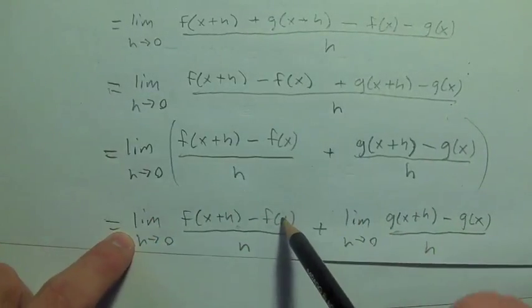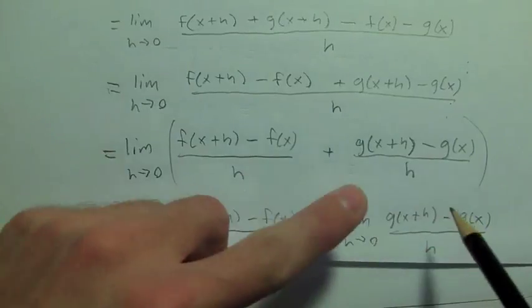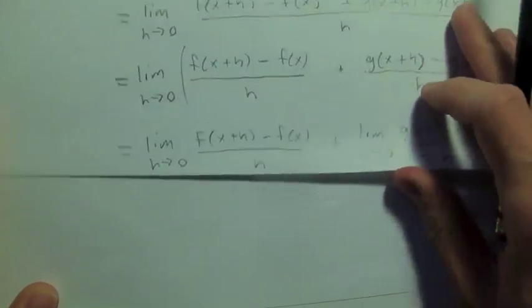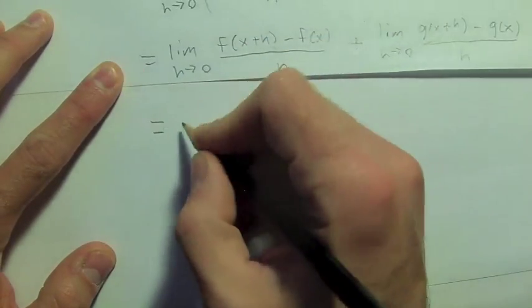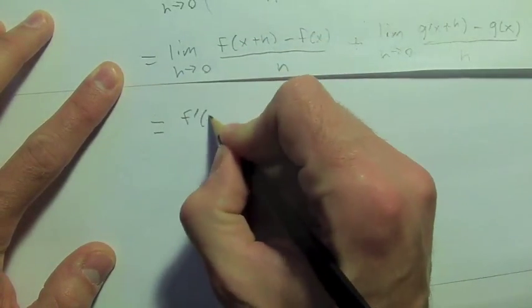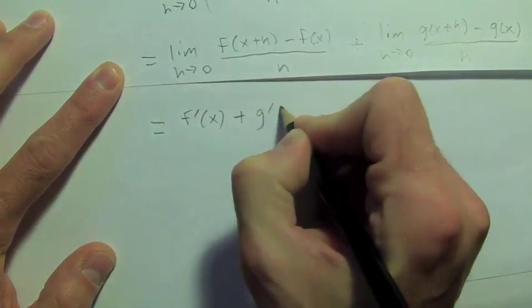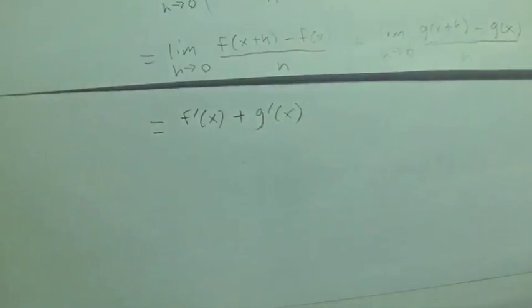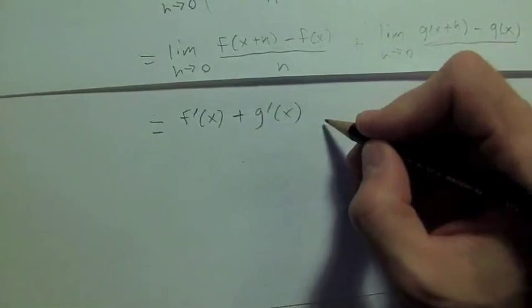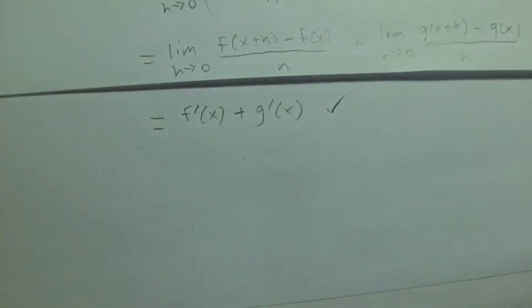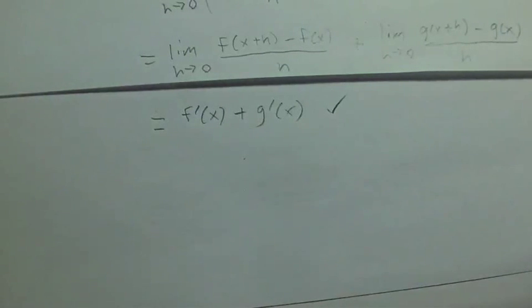This should look like f prime, and this should look like g prime. In fact, that's exactly what we get, right? So we end up with f prime of x plus g prime of x. So that's the explanation for the sum rule, right? We got what we expected. I'm not going to do it for the constant multiplication rule, but it works exactly the same way.